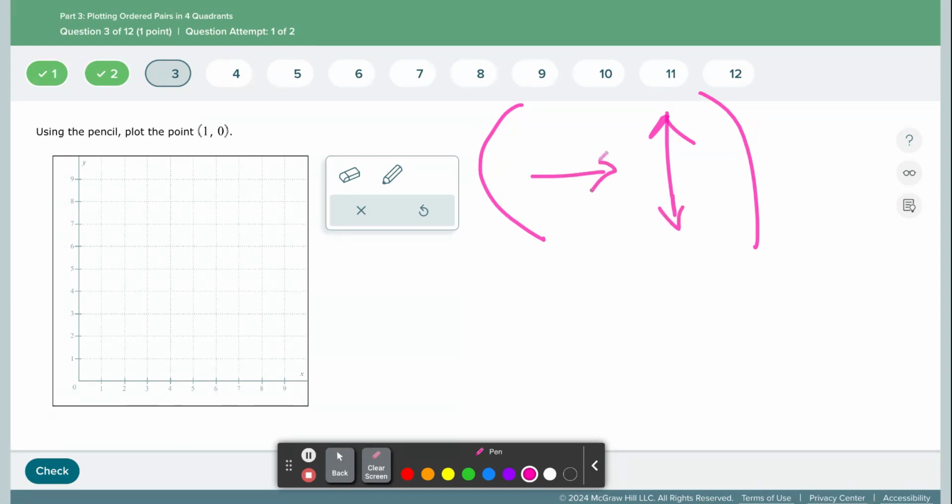So the first number is if you're going to go right or left. Second number is up or down, or your X and Y. You go in numerical order. So the first number is a 1, right? So I'm going to go 1 over, but the second number is a 0. 0 literally means don't go anywhere. It means don't move.